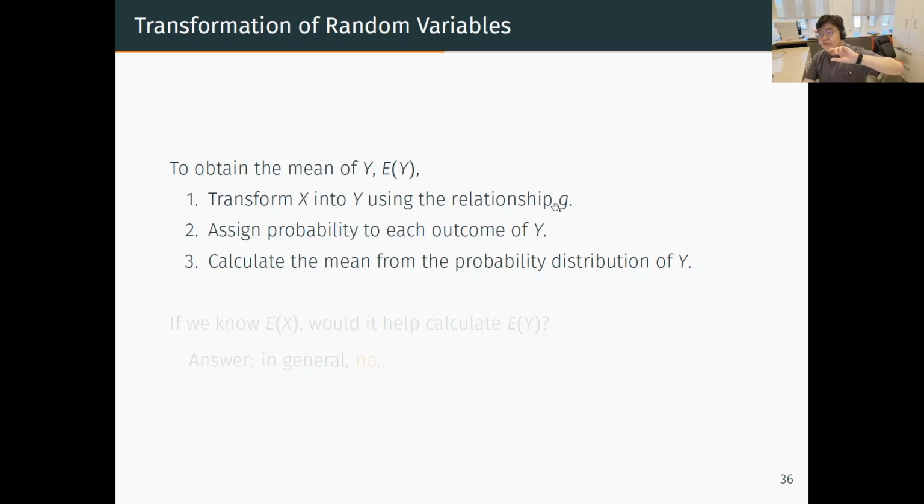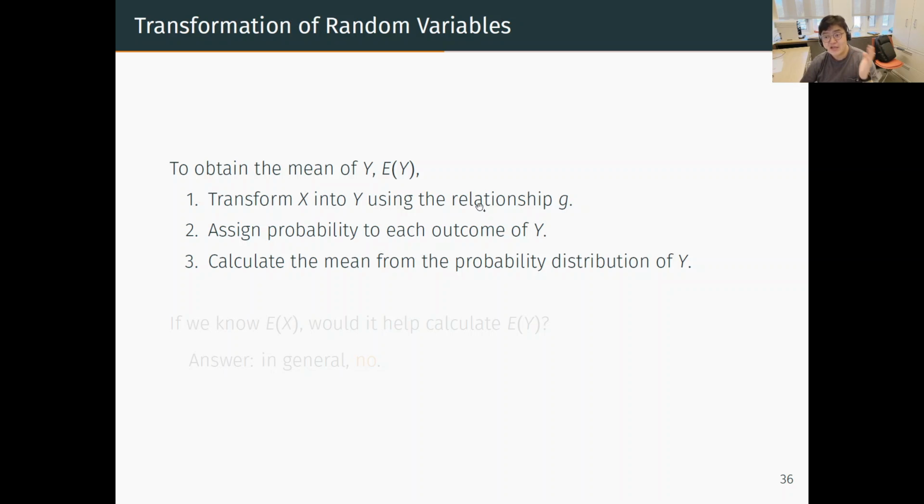I said the transformation is just like renaming the same event using different numbers. So probability basically does not change. The main point is you have to tell which events are the same. Like the same event has the same probability after renumbering. And then finally, you can calculate the mean from the probability of Y. So this is what we have done.